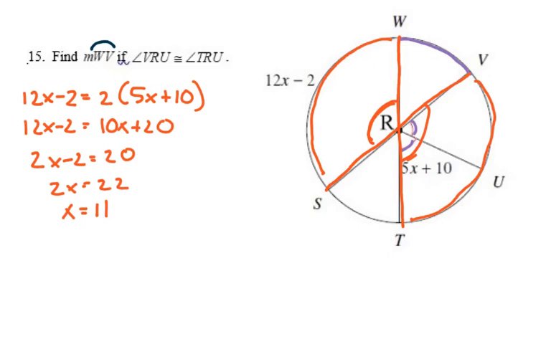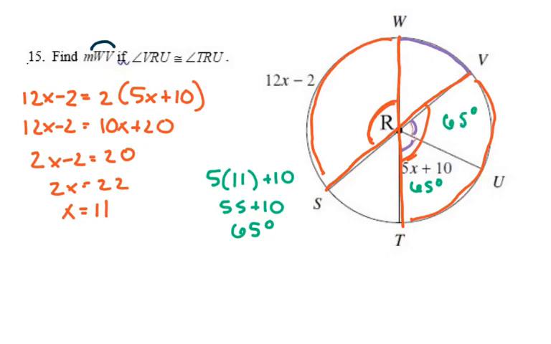So I can start off by saying 5 times 11 plus 10, and that's going to give me 55 plus 10 is equal to 65 degrees. So I know that this angle and arc are going to be 65 degrees, because it was given to us that they were congruent.